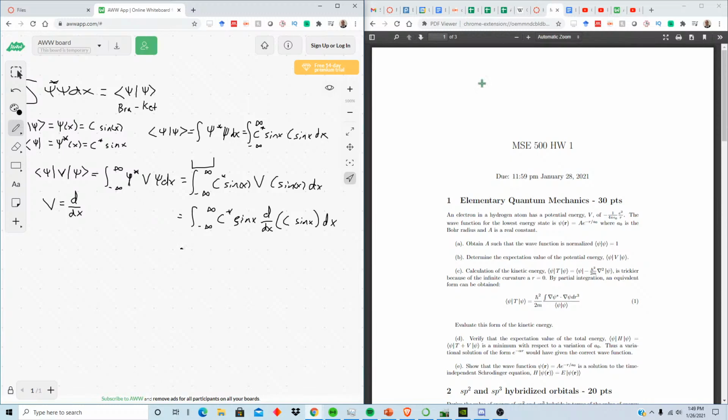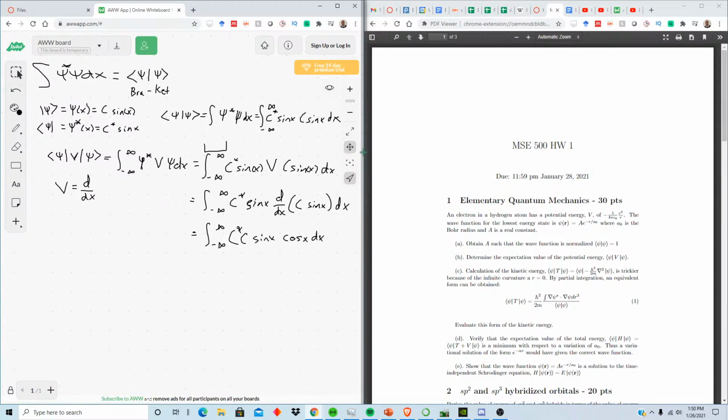Then you would solve it like this. The constant you can move out, so you'd have C star times C sine. And what's the derivative of sine? It's cosine, dx. Right? And so this is just Dirac notation.